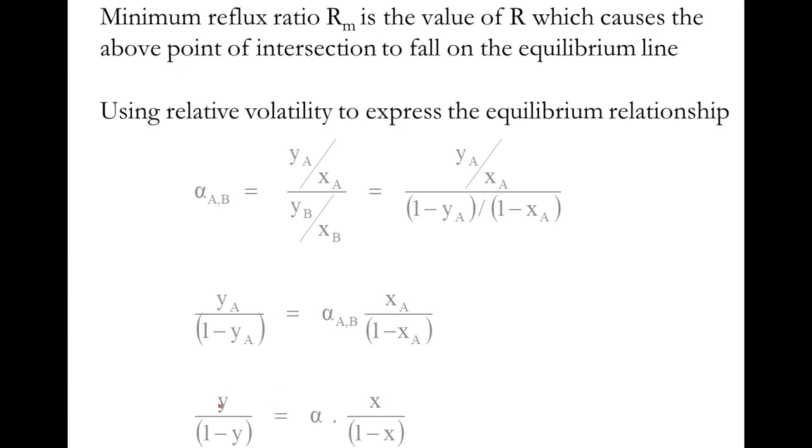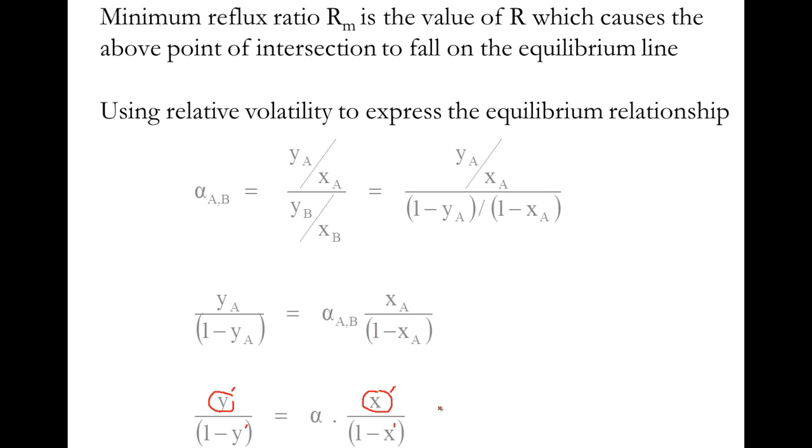So now we have obtained the equilibrium relationship between y dash and x dash. Whether we write it as x dash, because this is the general case, instead of y we can just write y dash and x dash.